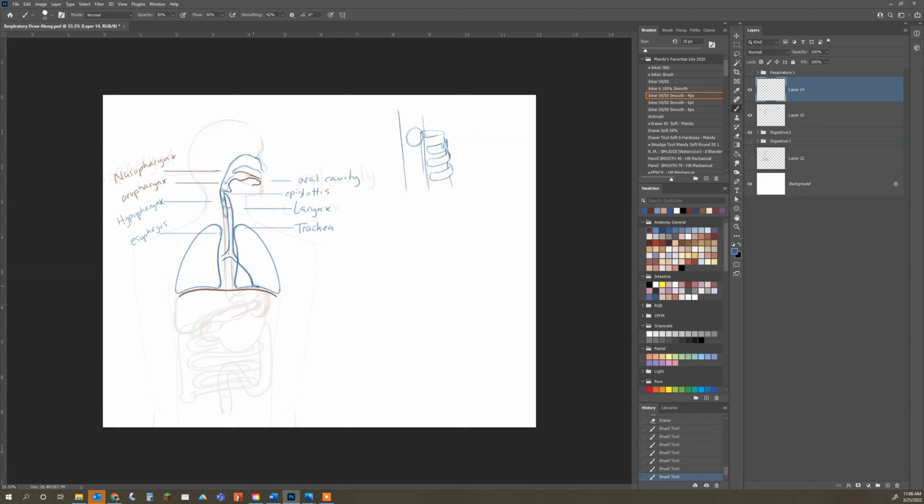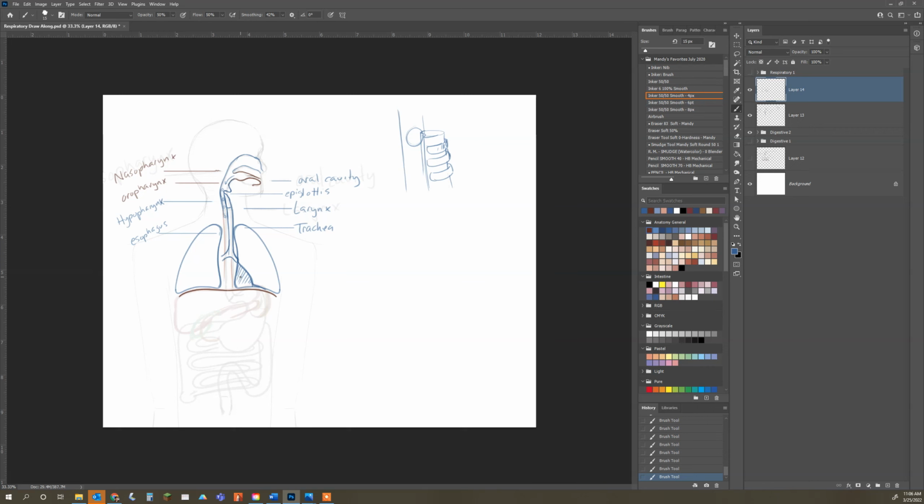So here's the front of the lung, which makes this the back side. It's a three-dimensional structure, obviously. This cutout allows the heart to sit in here, and we'll add that in just a couple minutes.